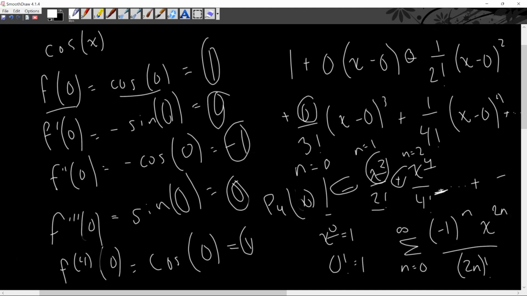This fourth degree polynomial is relatively accurate for, say, 0.1, but it is not going to be accurate for 1 or 2 and on. So if we increase the number of terms, say we made this the 8th degree polynomial of x, or the 12th degree polynomial of x, the more terms we add, the more accurate our estimation is going to be, even if we are getting further from the actual center. Though we still have to stay relatively close to the center.